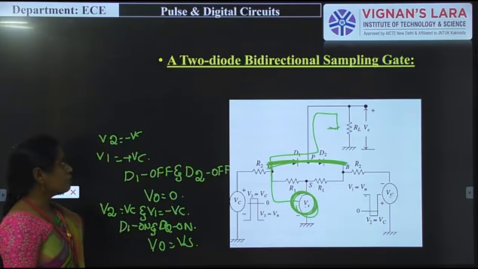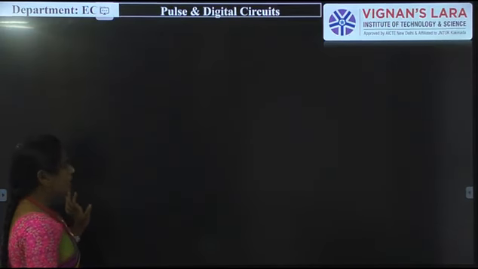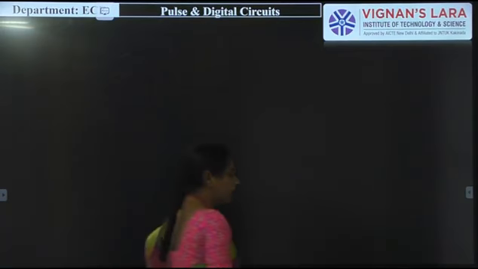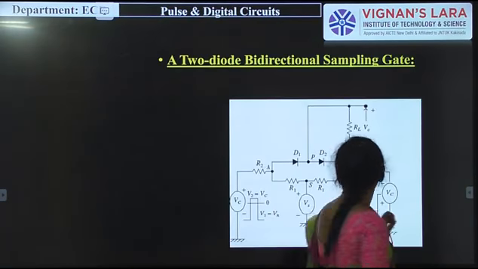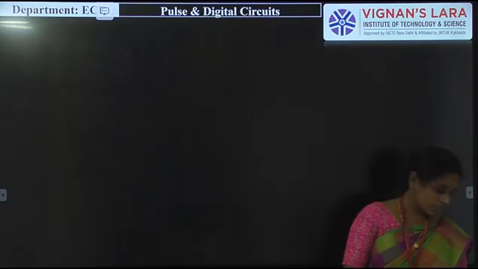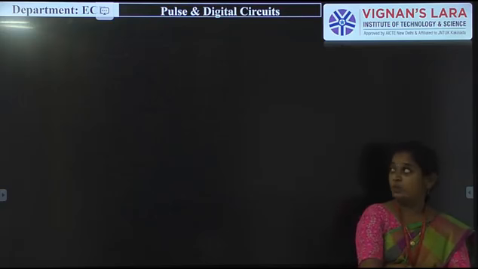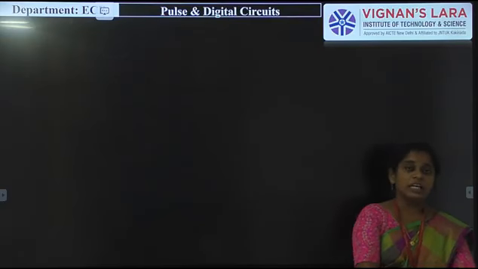So this is the operation of the two diode bidirectional sampling gate, but it has some problems. What is the problem? The gain of this two diode bidirectional sampling gate is very low.